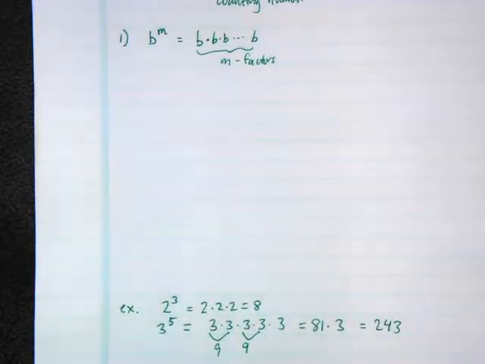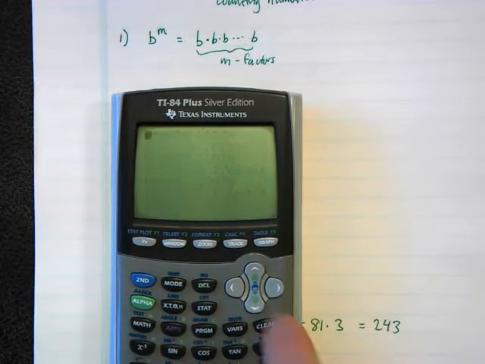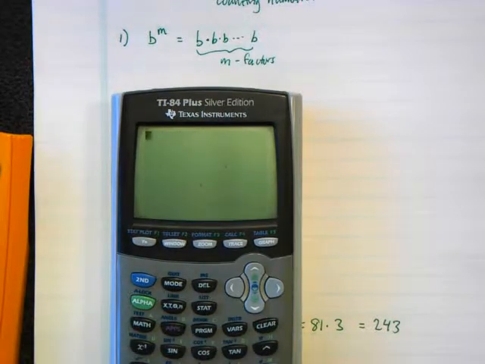How do you do that on your calculator? How do you do 3 to the fifth on your calculator? 3. And then what's the exponent button?